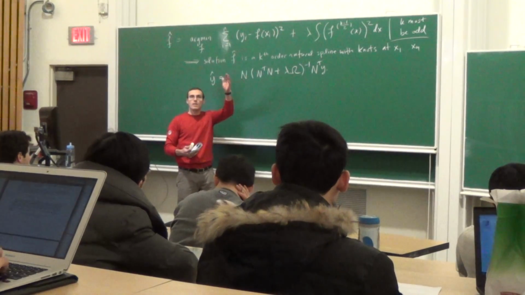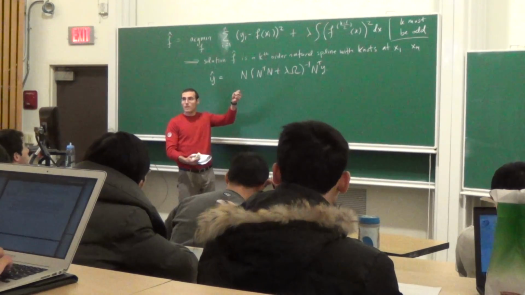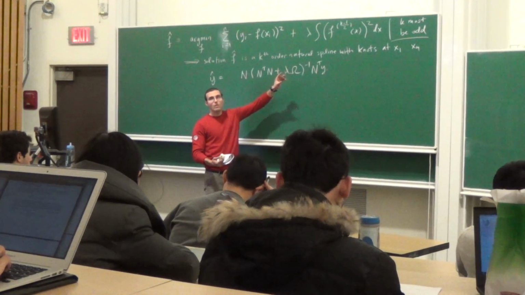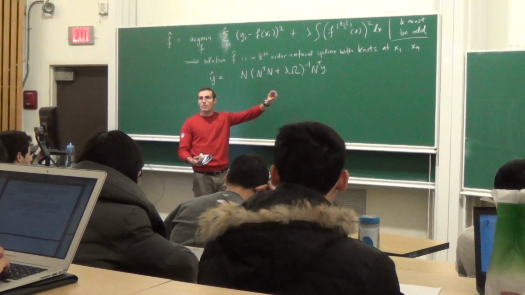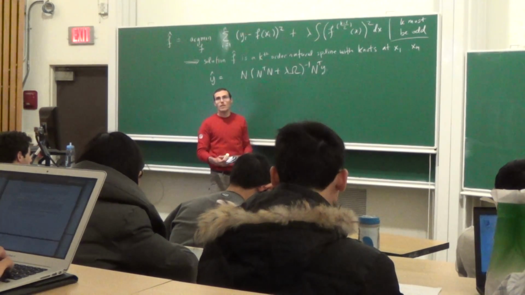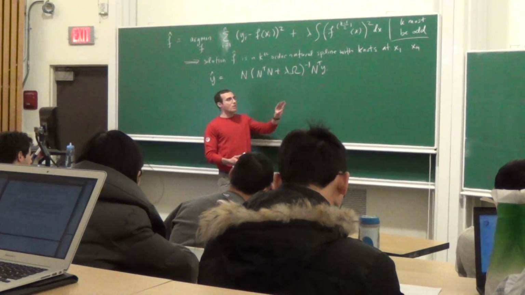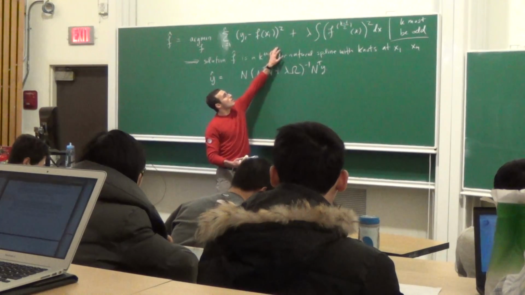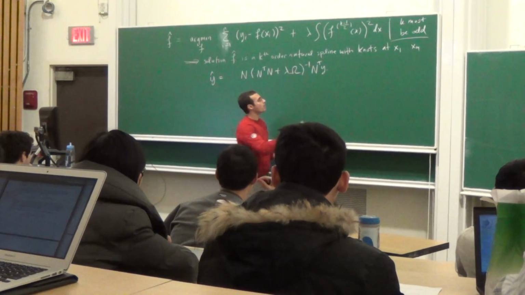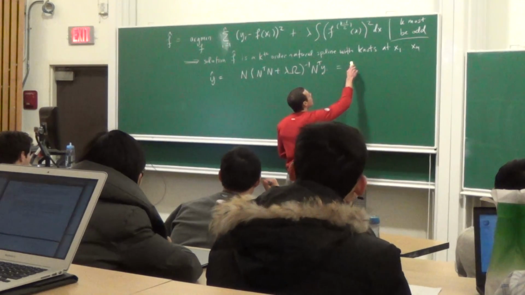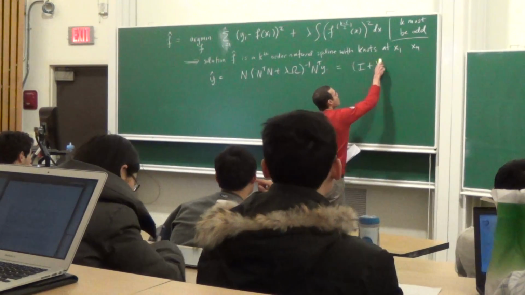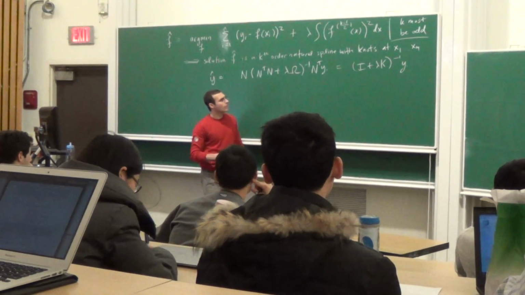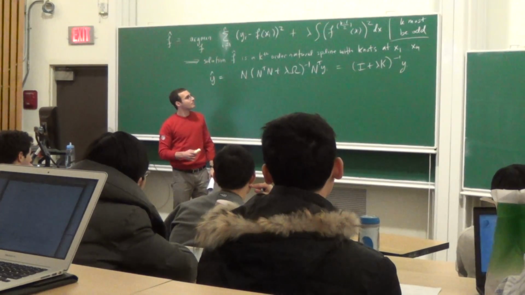So each column was taking one of those basis functions and evaluating it across the n data points. And omega contained something like the integrals of the second derivatives of the products of the natural cubic spline basis functions. It's all written down in the notes if you forget where these came from, but basically this just came from parameterizing in finite dimensional form. And we saw that we could rewrite this as (I plus lambda K) inverse y. On your homework, you're going to look at that K matrix there.